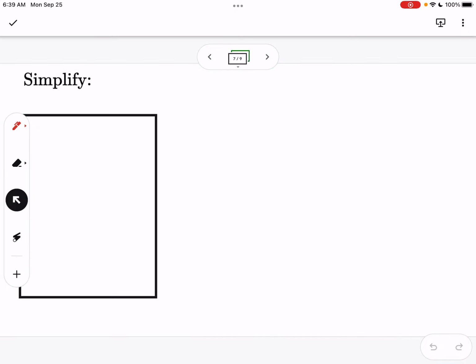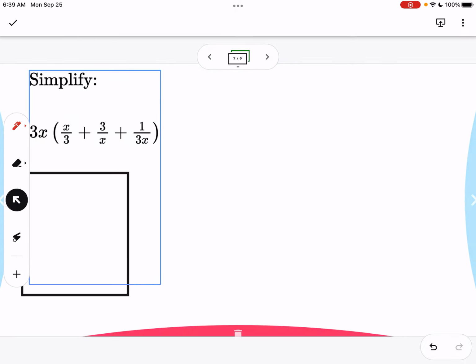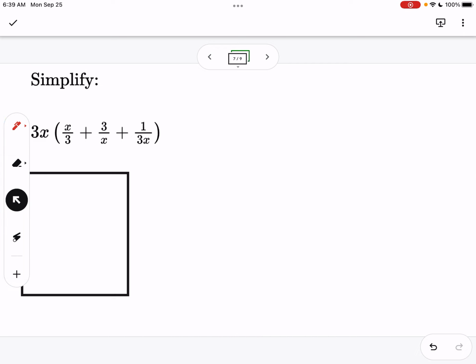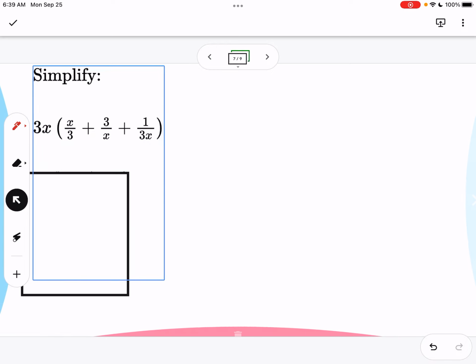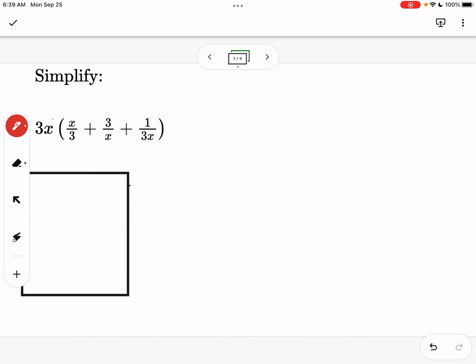So now we're going to simplify a few expressions. Our first expression is 3x times the quantity of x over 3 plus 3 over x plus 1 over 3x. So we distribute. 3x times x over 3 becomes 3x squared over 3.